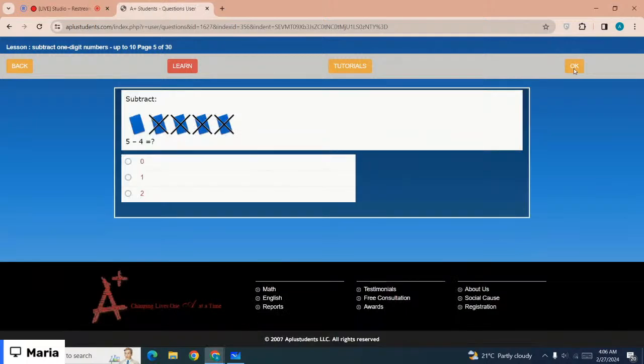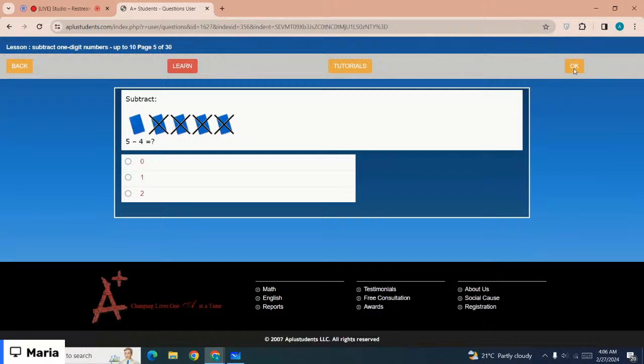The next one is 5 take away 4. So 5 take away 4 equals 1.